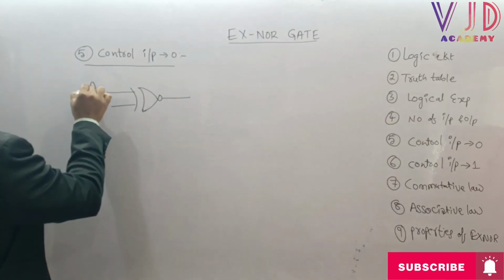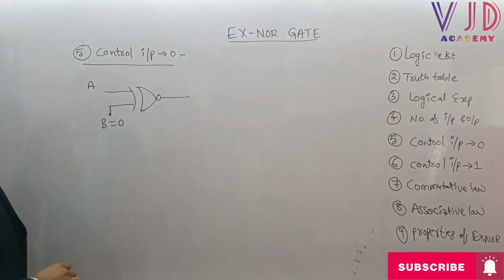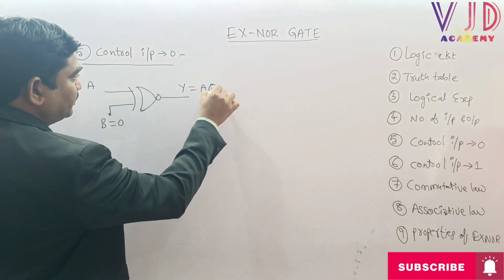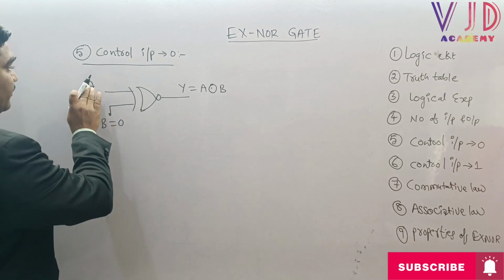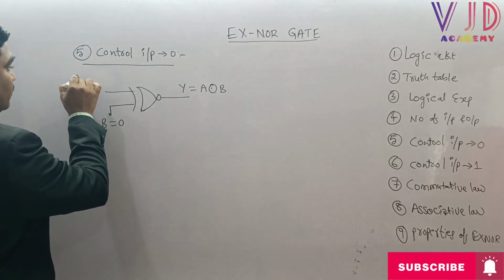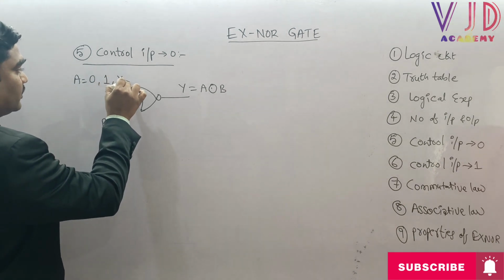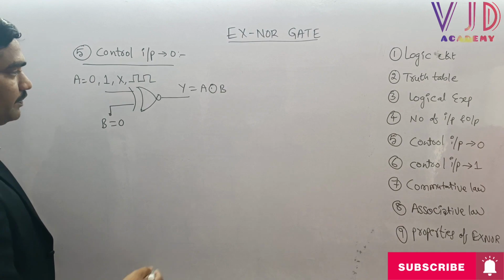Here this is A, and this input B equal to 0 always. Here Y equal to A XNOR B is the output expression. The moment I apply different cases for A, let me apply 0 and 1, let me apply X, and also some square wave. For all these 4 cases, what will happen?